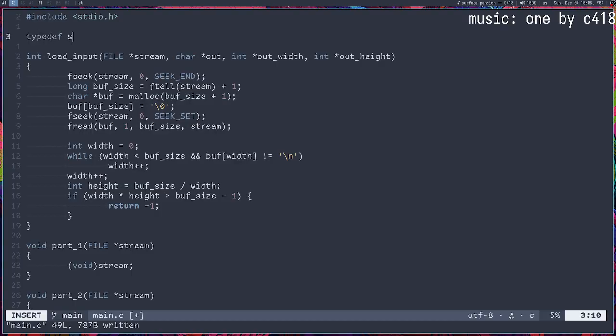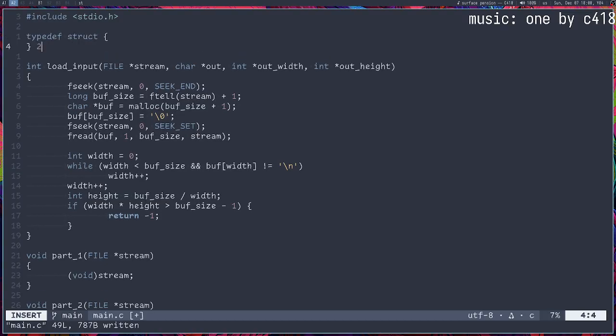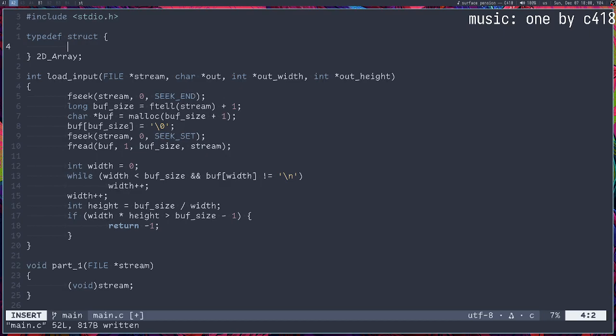Typedef struct 2D array, and maybe chars 2D. Yeah, that sounds cool.